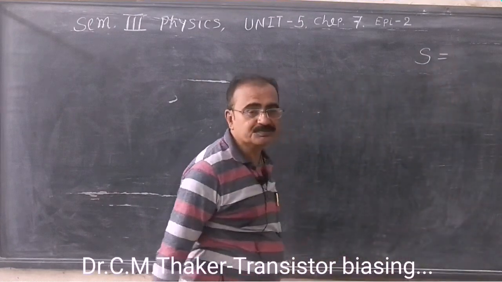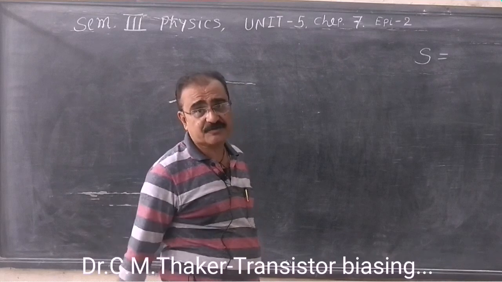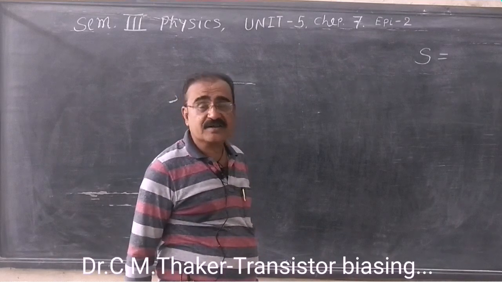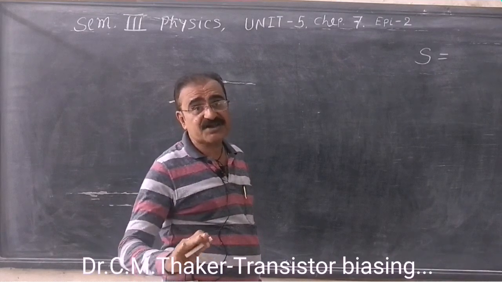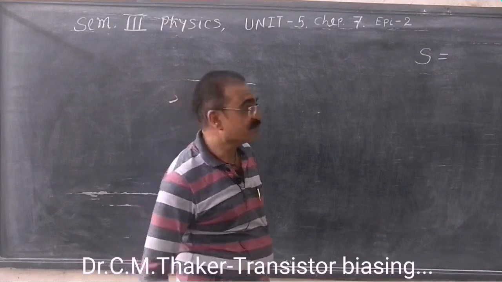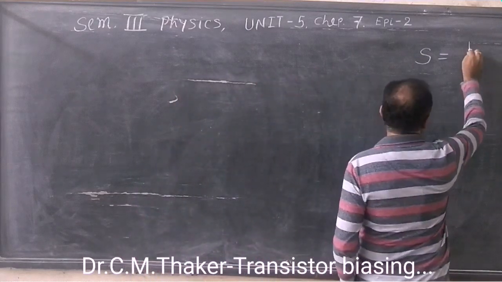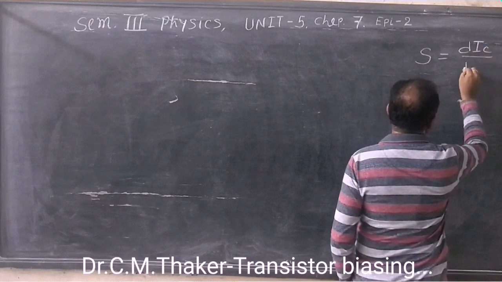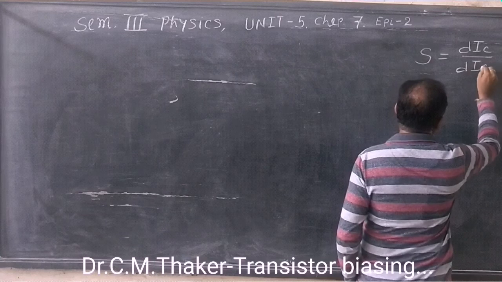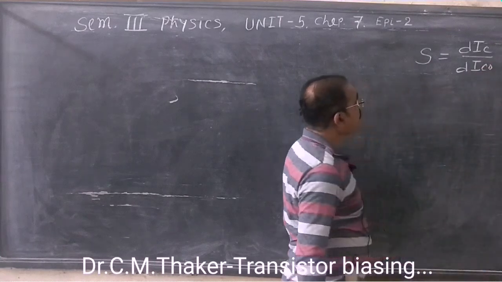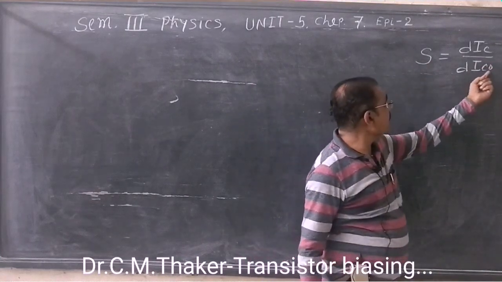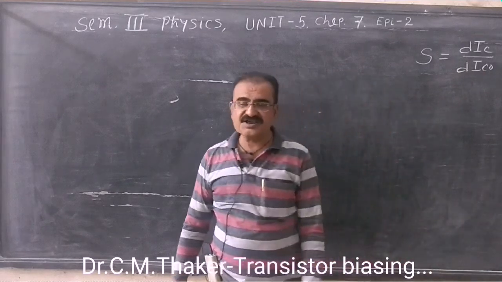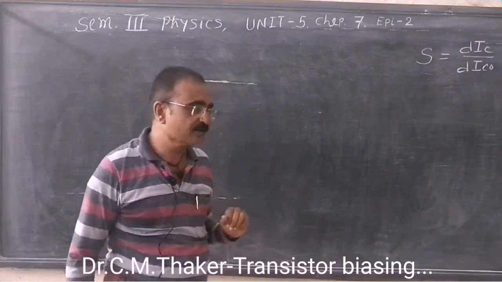S is equal to the change in collector current with respect to change in leakage current. So S is equal to dIC by dICO. The term CO indicates it is a leakage current.